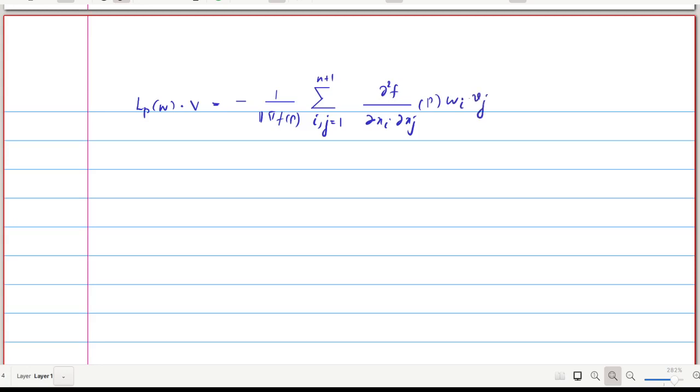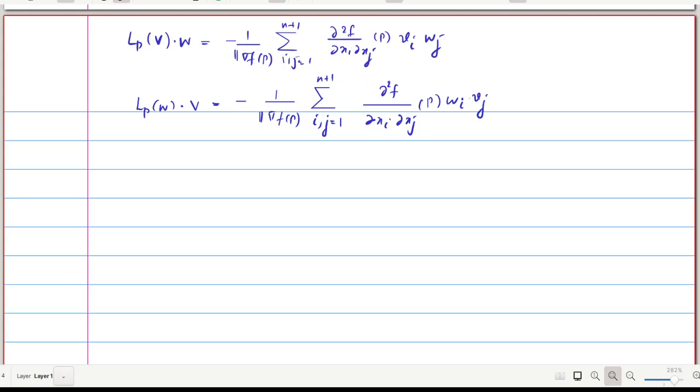This is the only difference. Okay, so we have already proved that LPV dot w is equal to minus 1 by norm del f of p, summation i comma j equal to 1 to n plus 1, dou square f by dou xi dou xj at p, this was vi into wj.